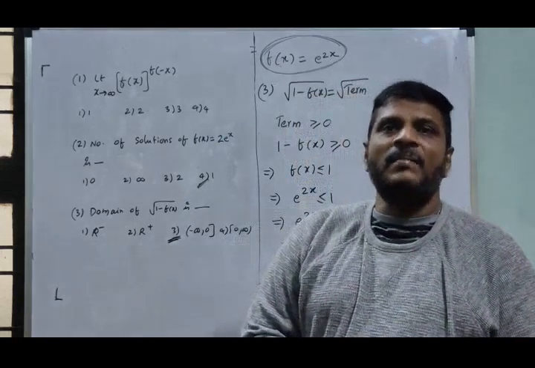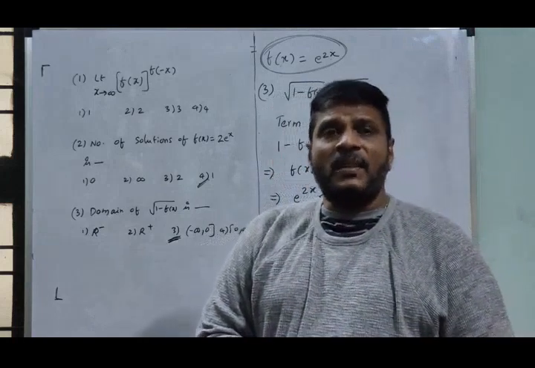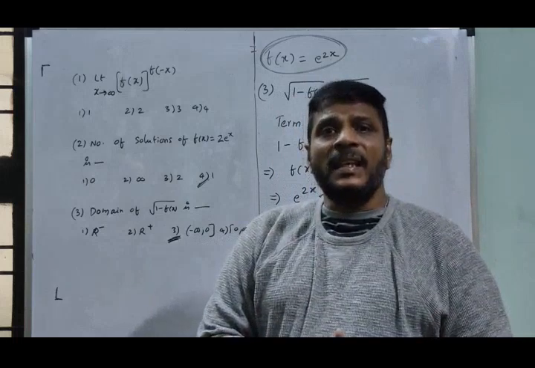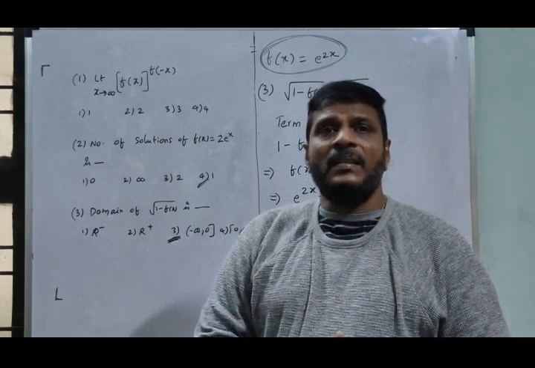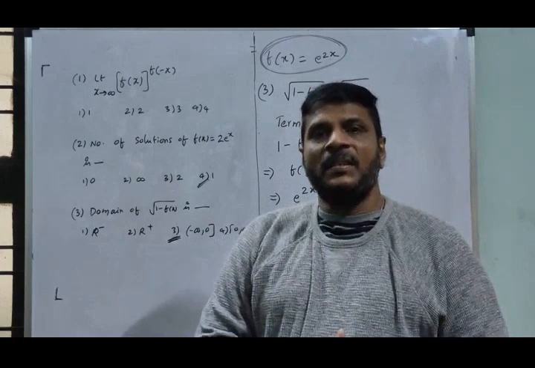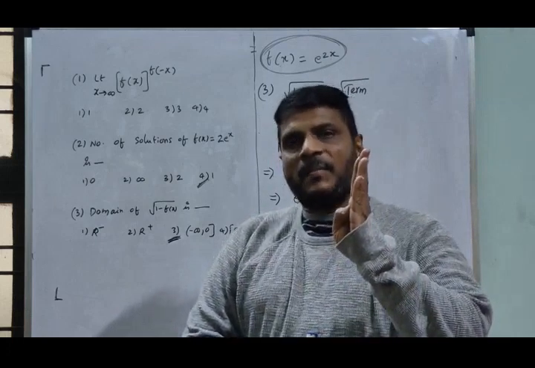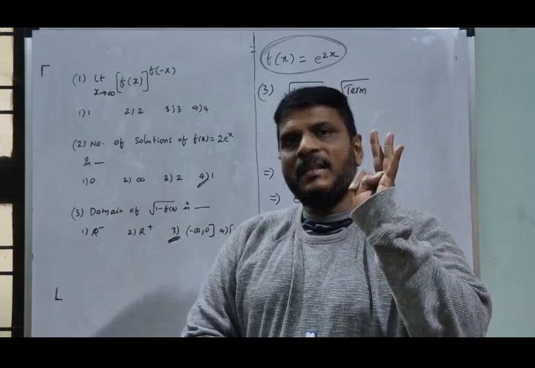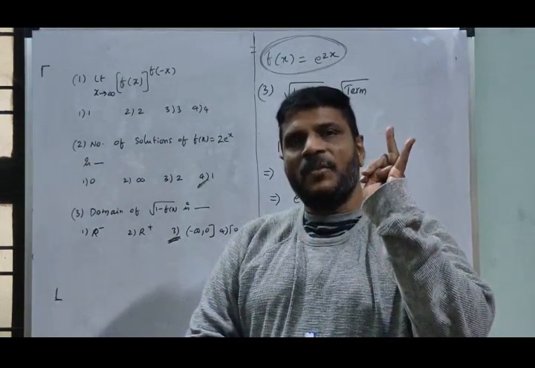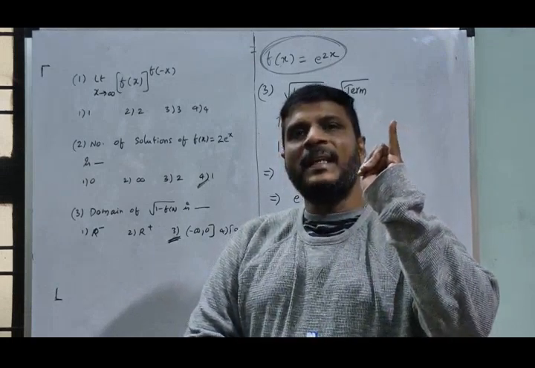In Advanced exam, we have paragraph type questions, match the following type questions, integer type questions, single option correct type questions, and multi option correct type questions. One is single option correct type question, second one is multi option correct type question, third one is paragraph type question, fourth one is match the following type question, fifth one is integer type question.